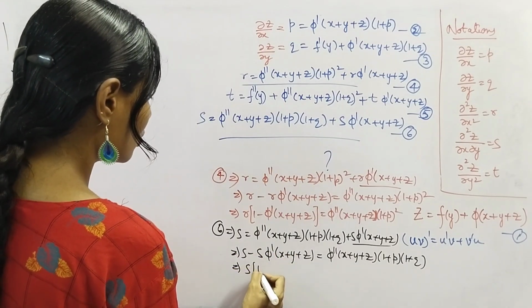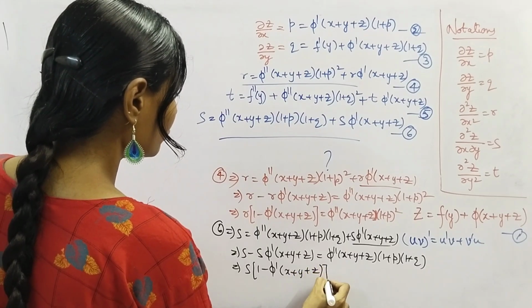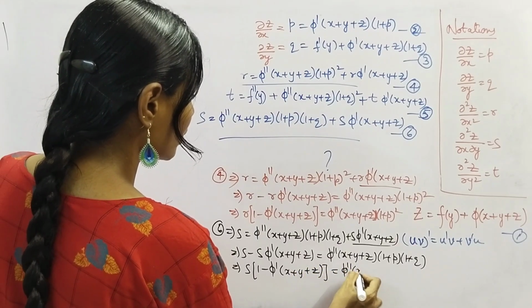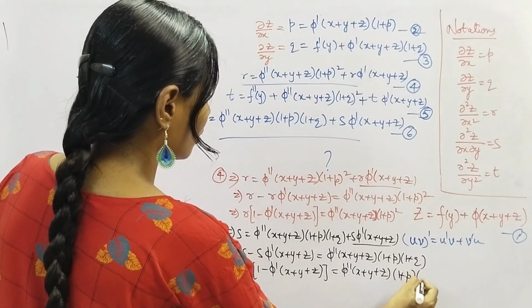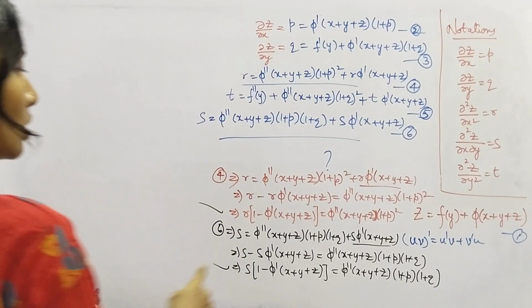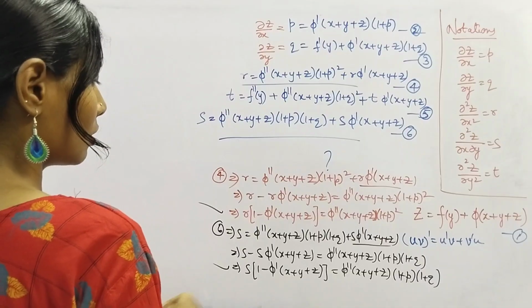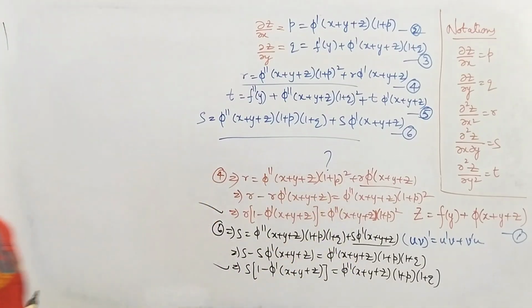You'll get s times 1 minus phi dash of x plus y plus z equal to phi double dash of x plus y plus z into 1 plus p into 1 plus q. If you observe these two equations, using this divided by this, we can eliminate 1 minus phi dash and phi double dash, which gives you the required partial differential equation.